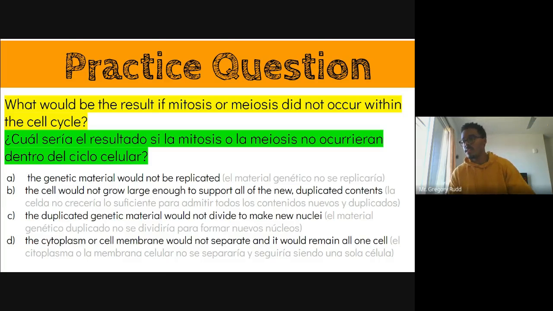Okay, I've got people saying, C, the duplicated genetic material would not divide to make nuclei. That's correct. C is the correct answer. Now, let's break this down a little bit more and try to figure out when these other things happen. So when is the genetic material replicated? When does that happen?